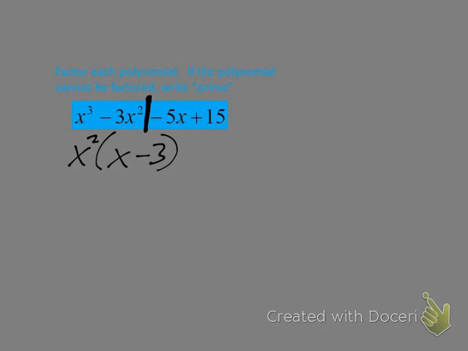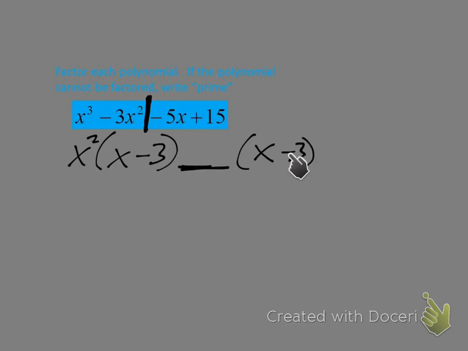Now, here's where this one can get just a little trickier. And I recommend doing this: once you figure that part out, write that next line where you're going to factor something out of and put that binomial, because now you know what that binomial has to be. So you have to turn this binomial, which is negative 5x plus 15, into x minus 3 by factoring something out.